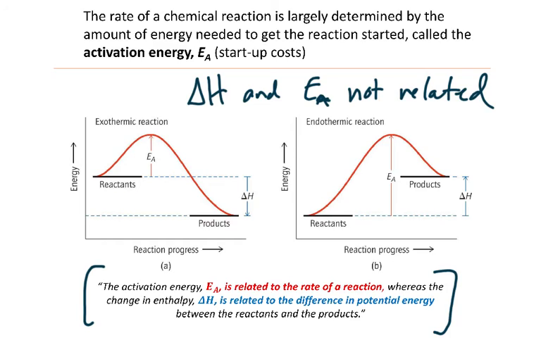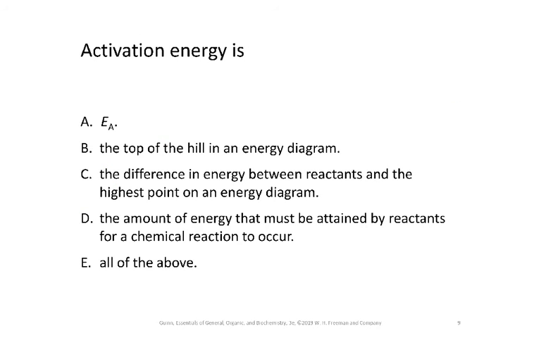Let's pause and take a question. What is activation energy? Read these for yourself and answer. Okay, and now that you're back, activation energy is the symbol EA, yes. It's the top of the hill in an energy diagram.